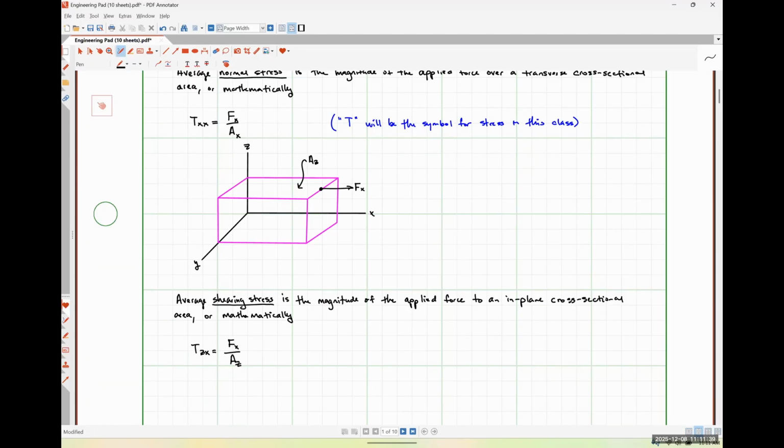The shearing stress is not uniformly distributed over the area that the force is applied to. We'll get into that in a little bit more detail in a bit. Okay.